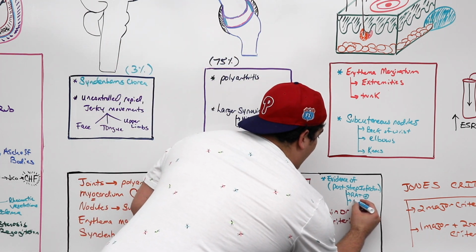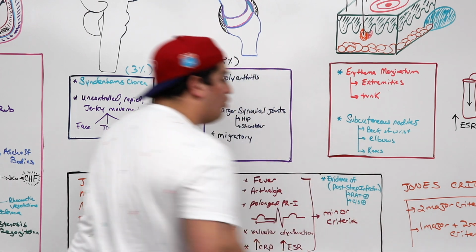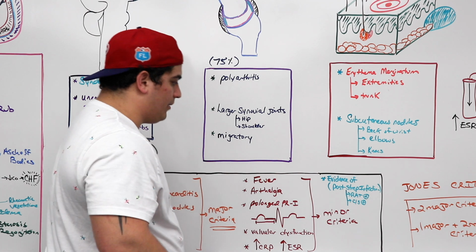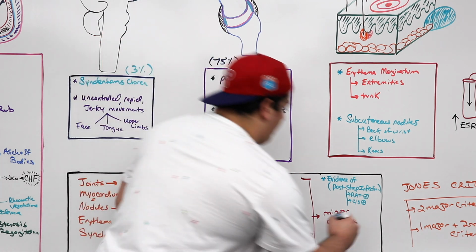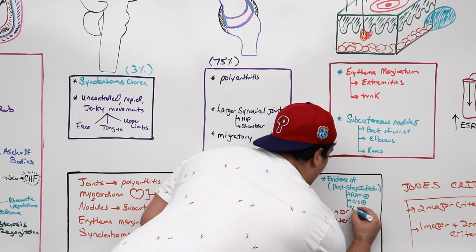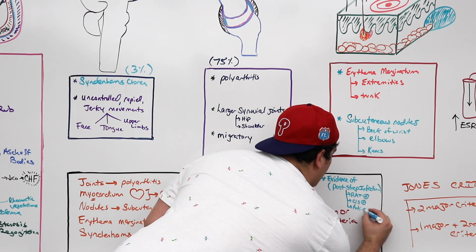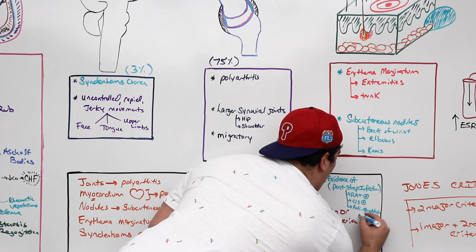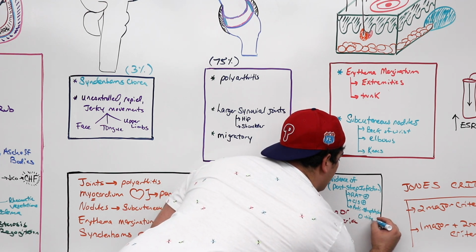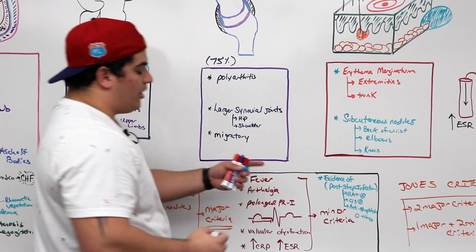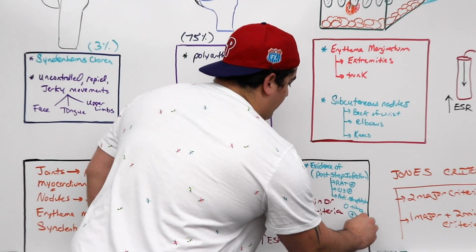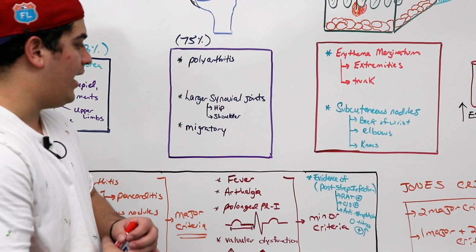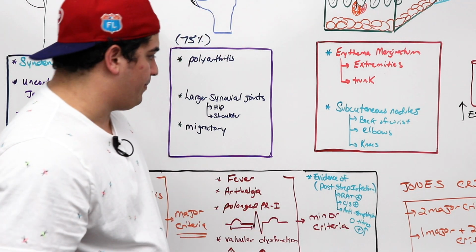Another thing is you should have a positive culture and sensitivity. So if you do a culture, you'll find that they'll have a positive culture and sensitivity. Another thing that we can do is test their anti-streptolysin O titers. So we'll look to see that they're positive or have elevated anti-streptolysin O antibody titers.